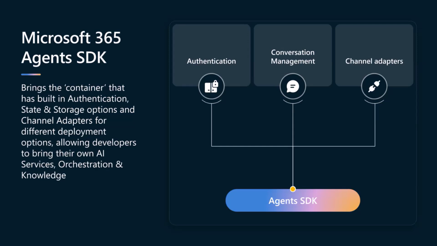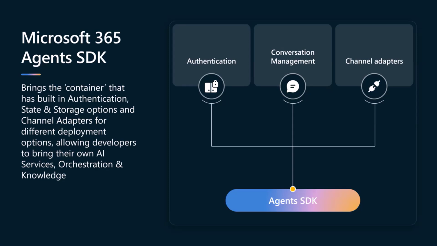And then the idea is that you wrap that up, and then developers can deploy that to any of the 15 plus channels that we support straight out of the box, like Microsoft 365 Copilot, Teams, Slack, or, if none of those serve your needs, you can actually build your very own channel adapter yourself and push it over to wherever you need your agent to surface.